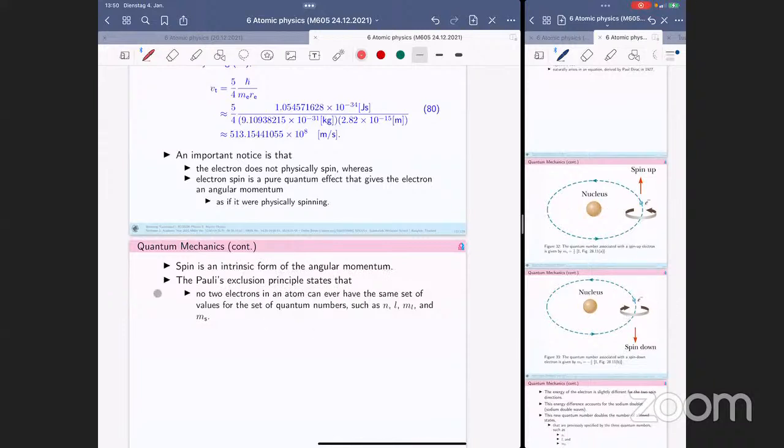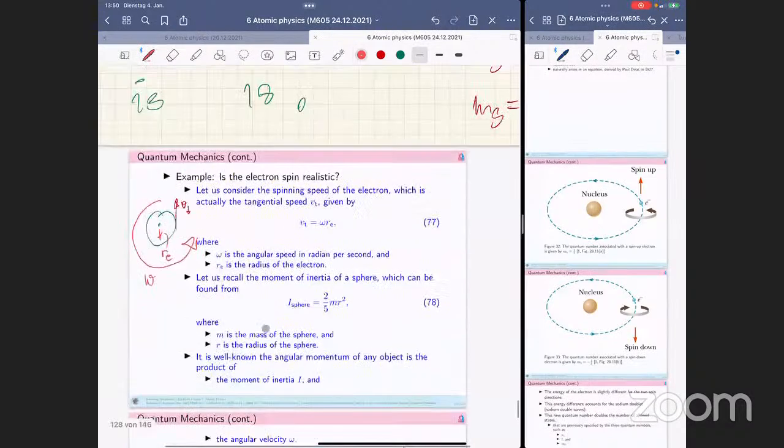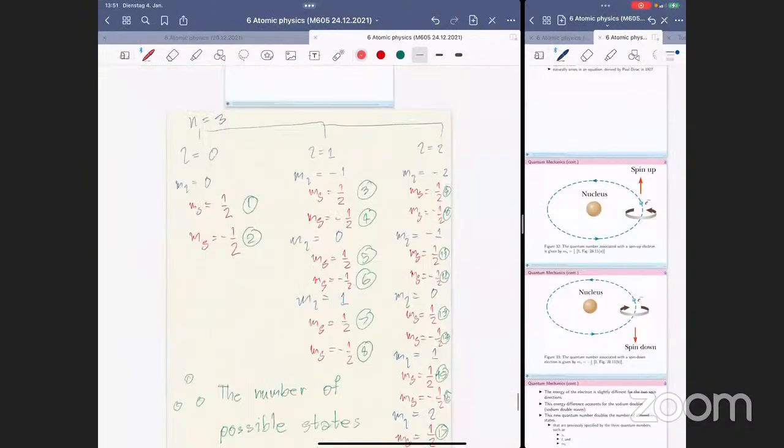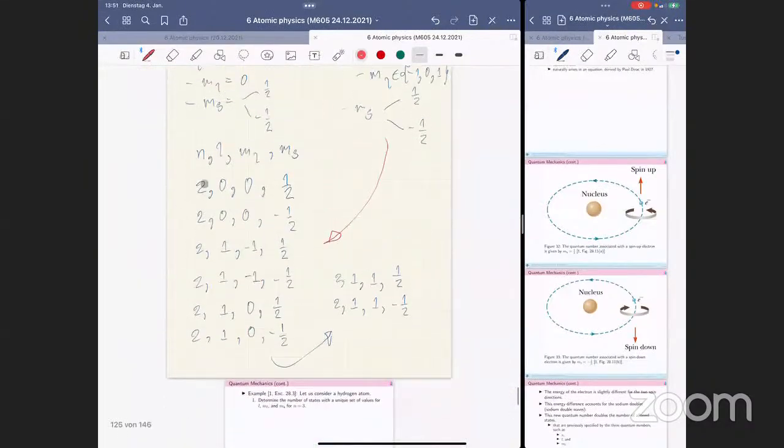The Pauli exclusion principle states that no two electrons in an atom can have the same set of values for the quantum numbers n, l, m_l and m_s. So what we have distributed here, the possibilities like this one, the set of these four numbers is the unique location for an electron.